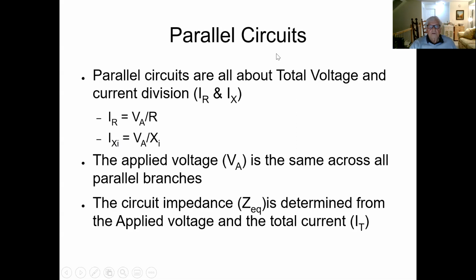The applied voltage VA is the same across both parallel branches, and the circuit impedance is determined from the applied voltage and the total current.